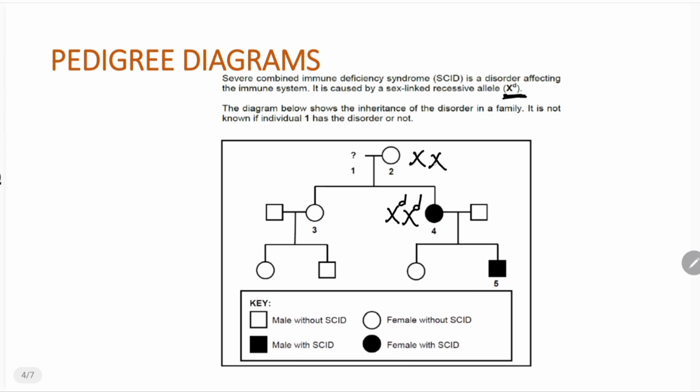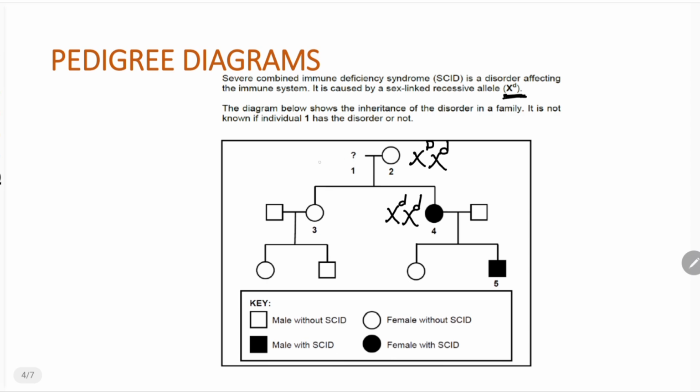She is a carrier of SCID. So her genotype can only be X capital letter D, X small letter d. This is the small letter d that she was able to pass on to individual number 4, right? Now let's look at individual number 1. Individual number 1 has to be the father because this is the circle representing the mother.